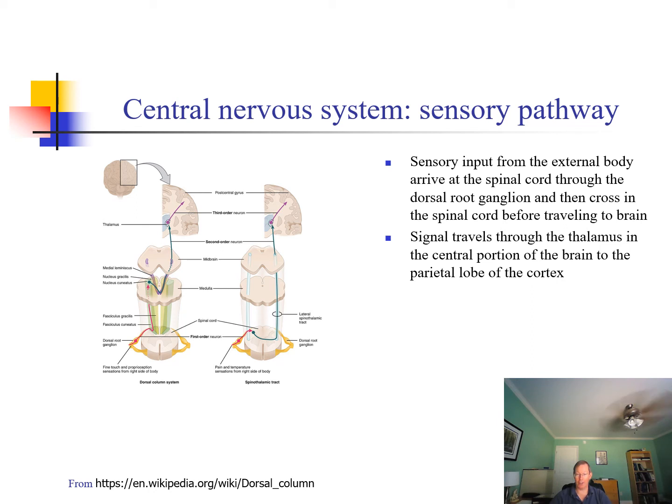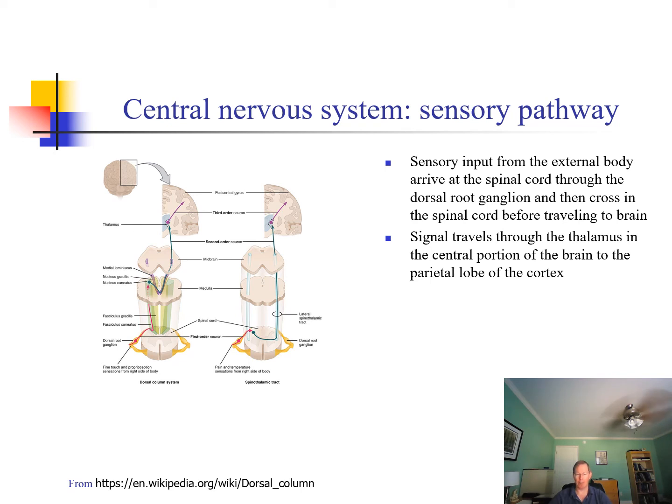Similarly, on the sensory side, if I were to touch my fingertip, the sensory will actually also be on the opposite side, although in this case, since it's in the sensory strip, it's going to be in the parietal lobe. Here, the crossing doesn't occur at the base of the brain, it occurs in the spinal cord, and it normally occurs within a few levels of where it actually goes in.